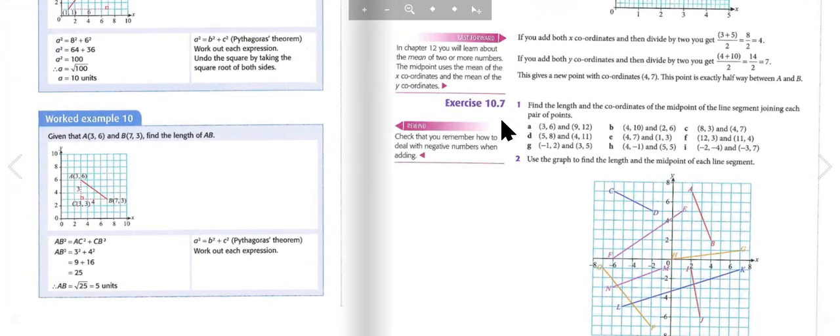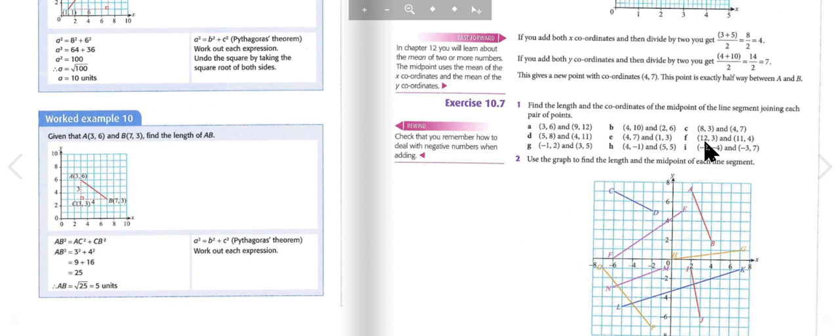Exercise 10.7. Find the length and the coordinates of the midpoint of the line segment joining each pair of points. So, the length of each one is 8.49, 4.47, 5.66. Well, I'm rounding to the nearest 2 decimal places, okay? 3.16, 5, 1.41, 5 again, 6.08, and 11.05.